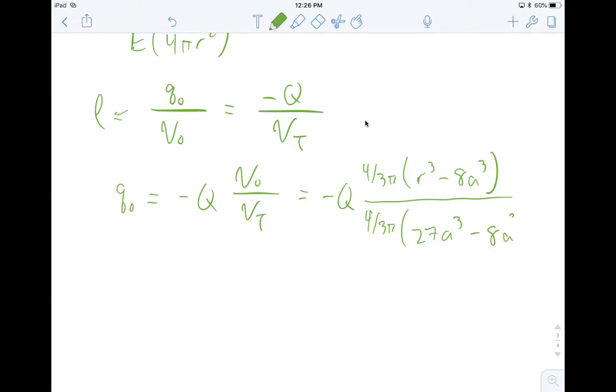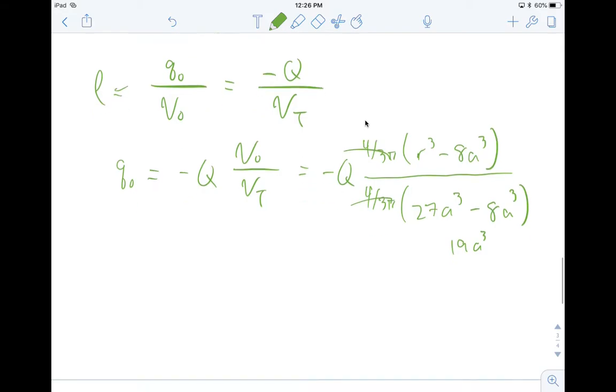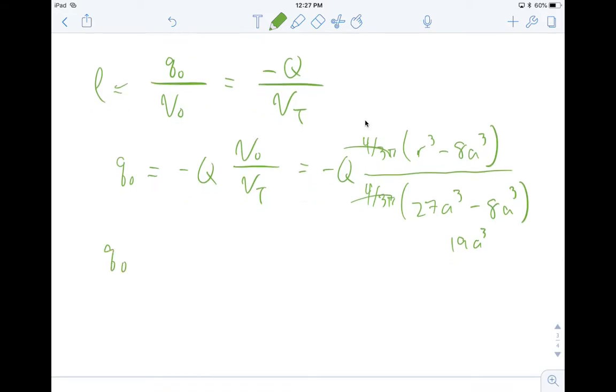The 4/3 pi's cancel out. 27 minus 8 gives 19a cubed. So Q outer is negative Q times r cubed minus 8a cubed on top, divided by 19a cubed on bottom. You could simplify this a little bit, but I suggest just leaving it like this so that you don't make any mistakes simplifying. That's what Q outer is.